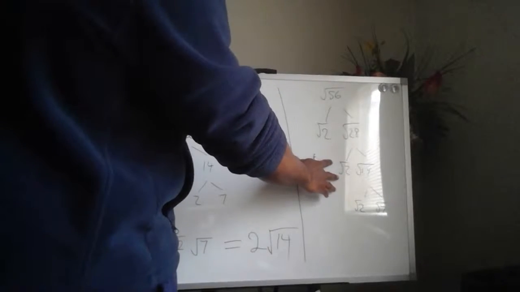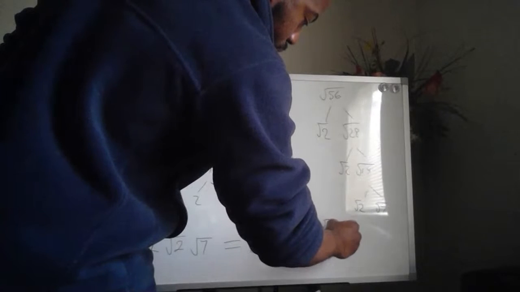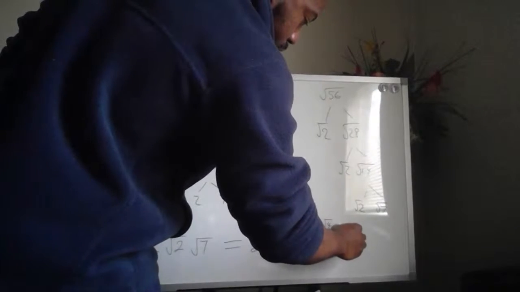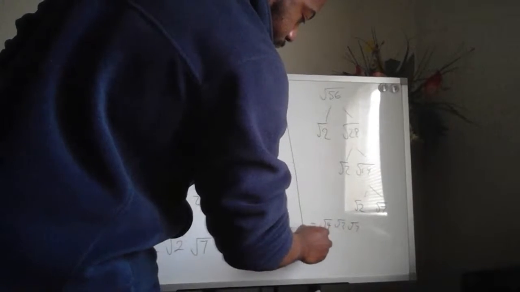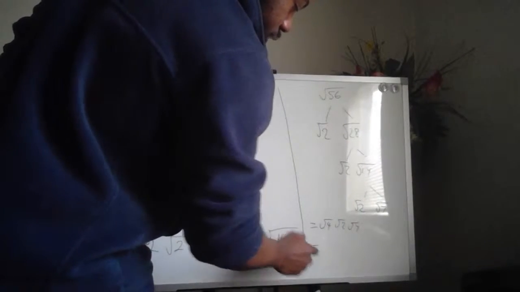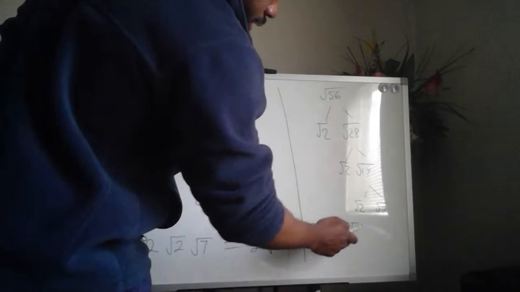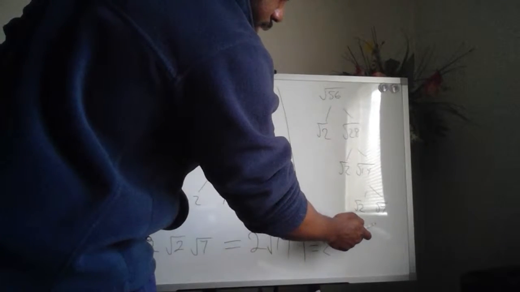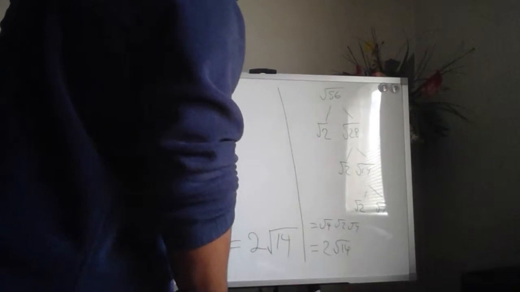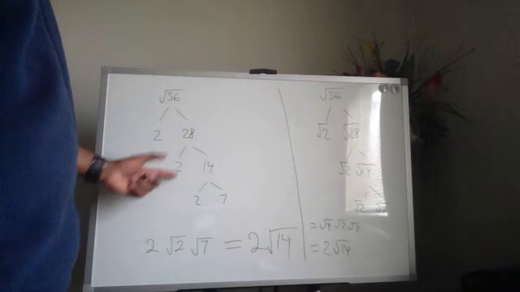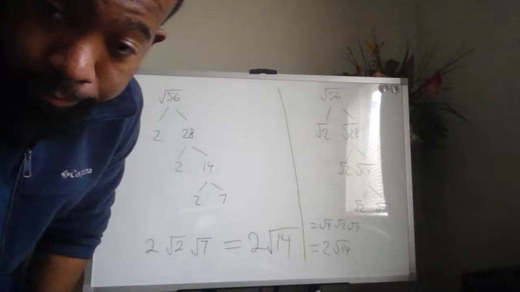But here I can see that this is square root 4. So I have here square root 4 times square root 2 times square root 7. And I can see that the square root of 4 is 2. And the square root of 2 times 7 is square root 14. So it's just another way of doing it. Just 2 different ways of doing it.